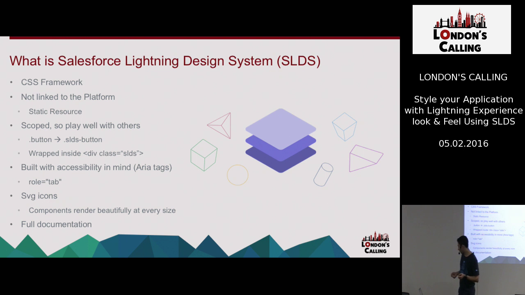So ARIA is built into the SLDS, so you have some roles, like role equals tab, which means that if you have an accessibility tool on your browser, it will be able to display to the user what your page is supposed to be. So it will tell, here is a tab, here is a section, etc.